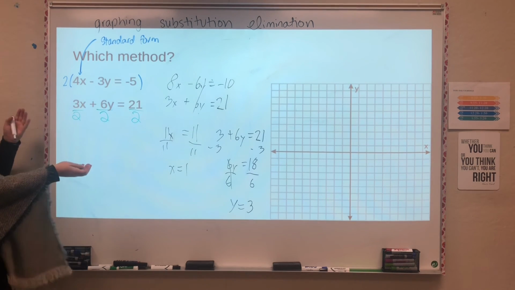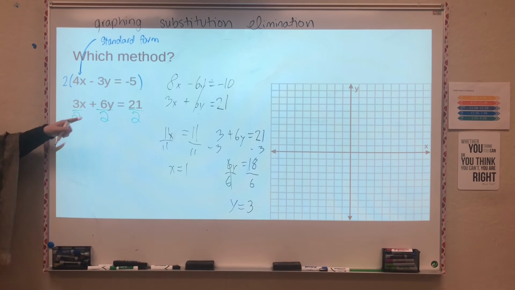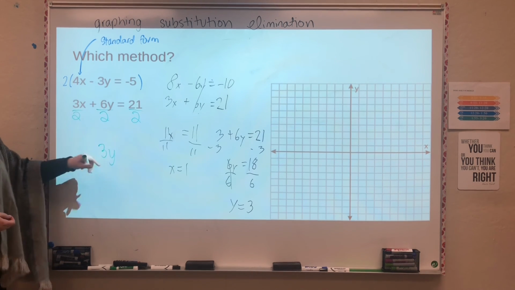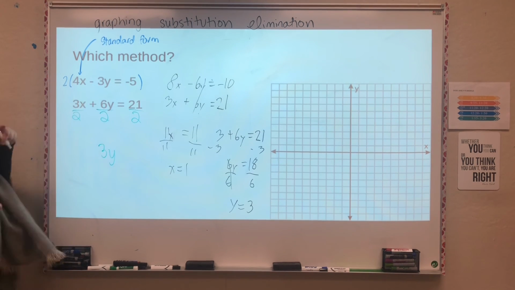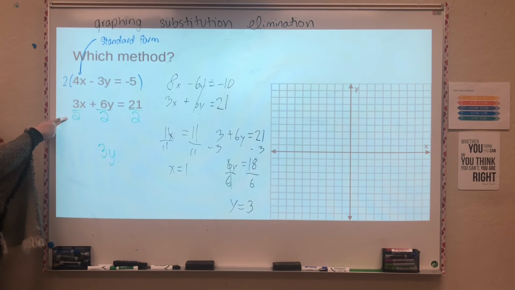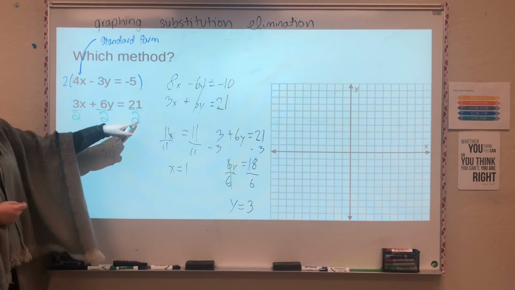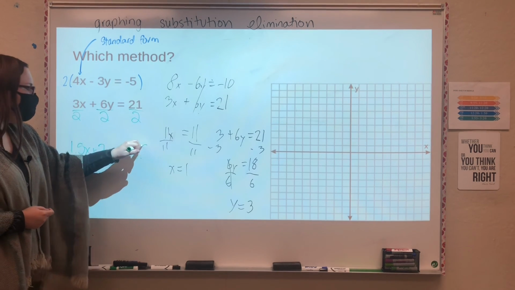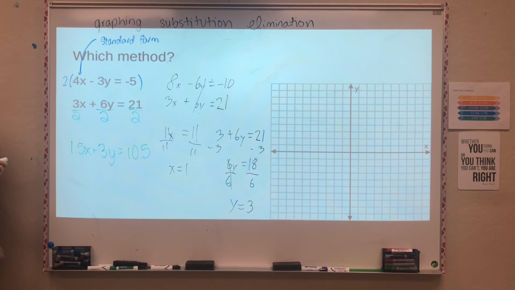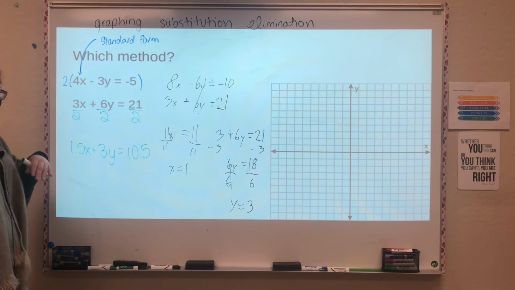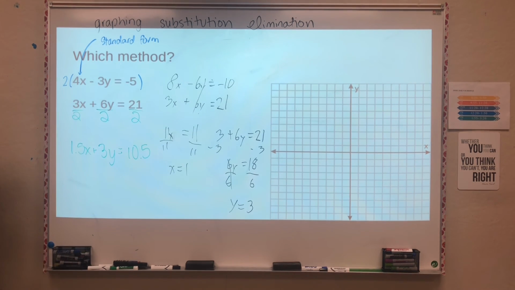So this is a beautiful example where you can divide by 2 and get that 3y you need to eliminate the y's. But here, you're going to get 1.5x, and over here, 21 divided by 2 is 10.5. I think it's safe to say we had enough of the fractions and decimals with that first problem. But you could keep solving.